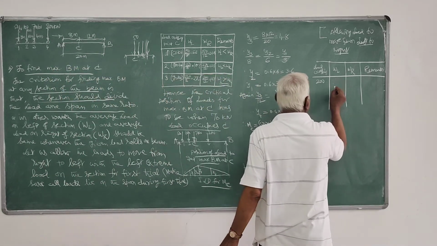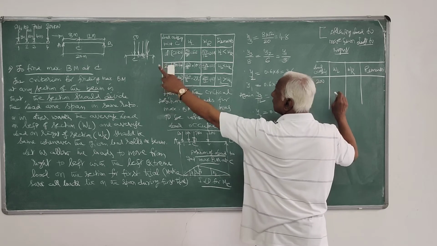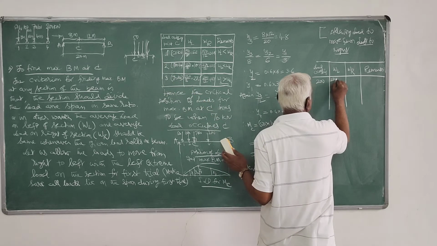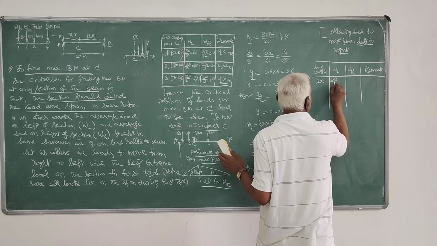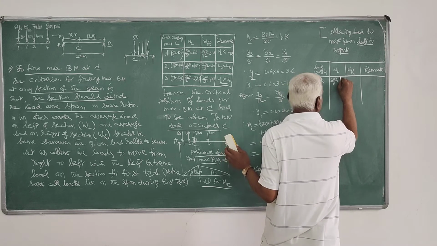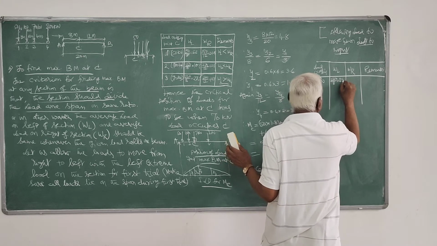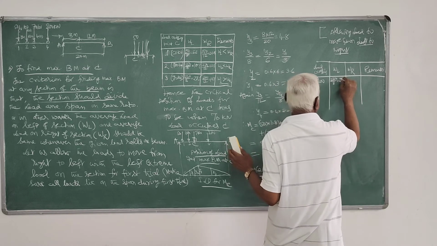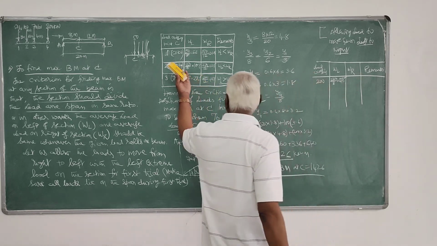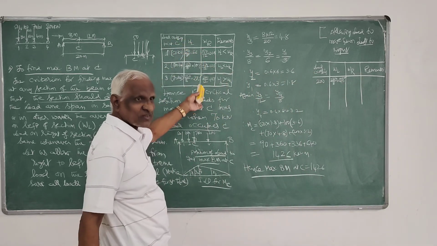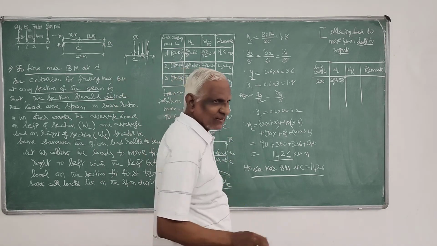So here WL will be 150 plus 70, that is 220 divided by 8, that is 27.5. I think you are getting that particular figure here also. It has to be the same. There is no other way.